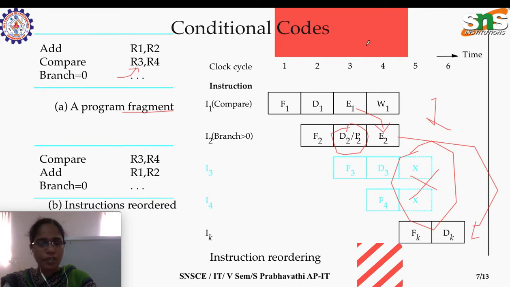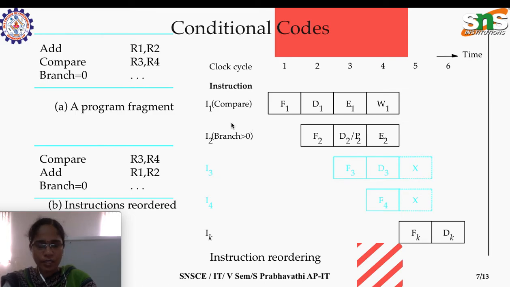The same thing, if we rearrange the instructions as compare, add, branch, what will happen? While comparison is taking place, instead of letting it wait, if we introduce add, let it be the add. Add will proceed as usual: fetch instruction, decode, execute, write.